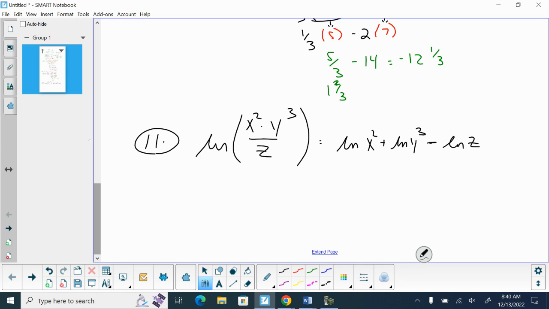Exponents once again come out front. Ln of x, we were at a value of 5. Ln of y was a value of 7.